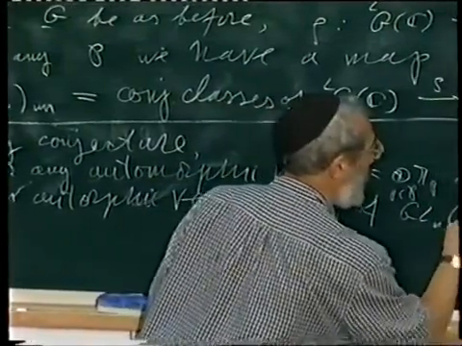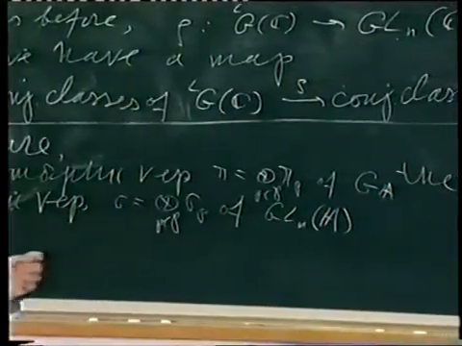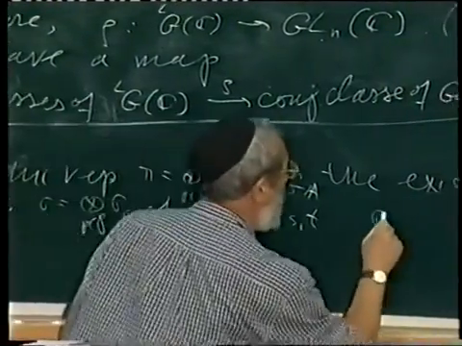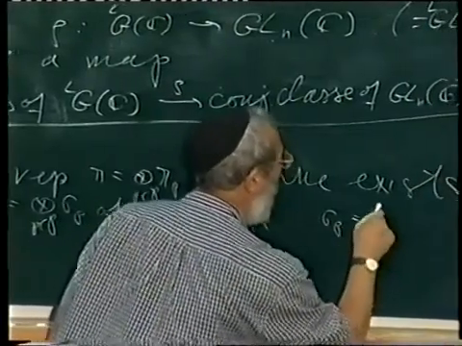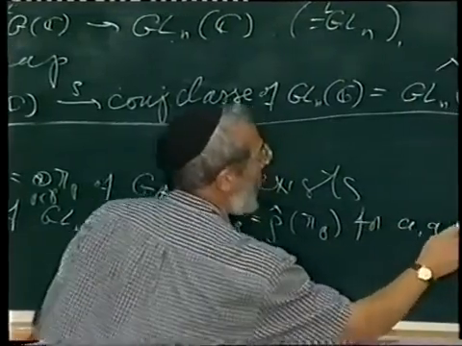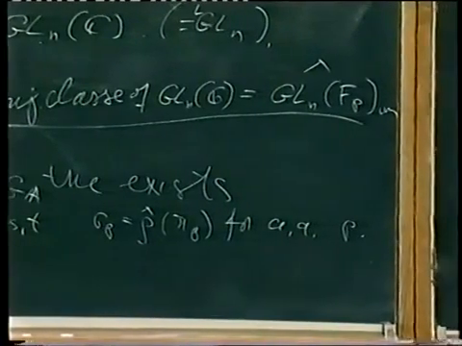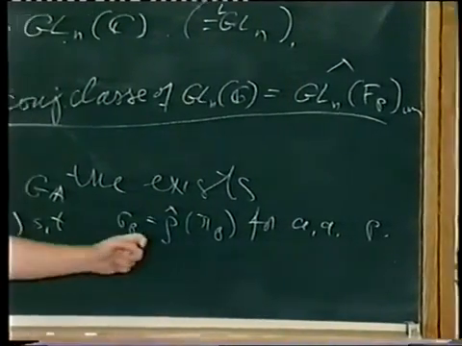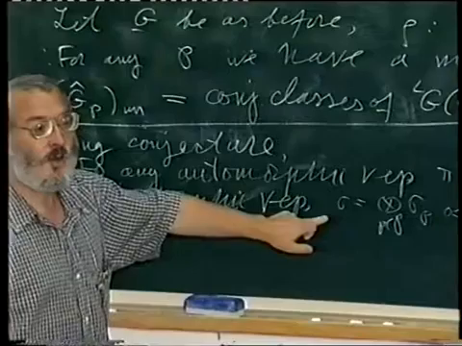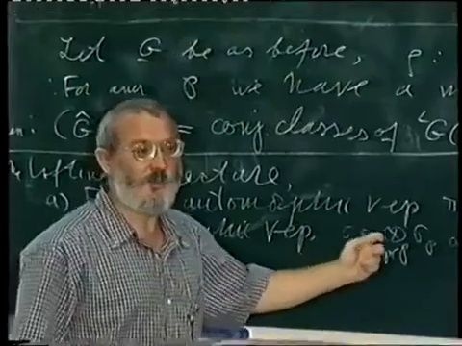Oh, sorry, an automorphic representation of the L group, such that sigma p is equal to rho hat of pi p for almost all p. This makes sense because this representation is unramified almost everywhere. So this is unique. Now, the multiplicity 1 theorem tells us that this representation sigma is well defined, because it is uniquely defined.